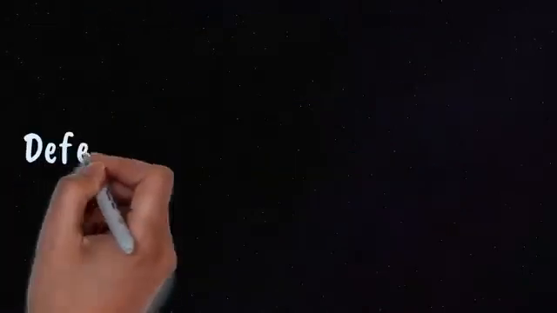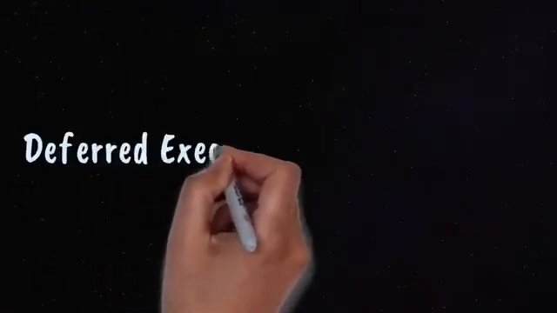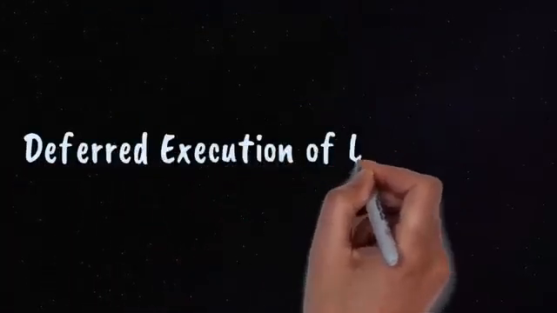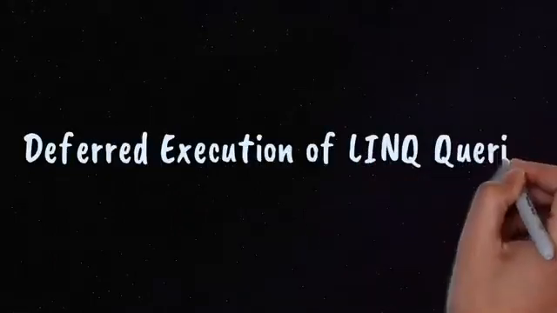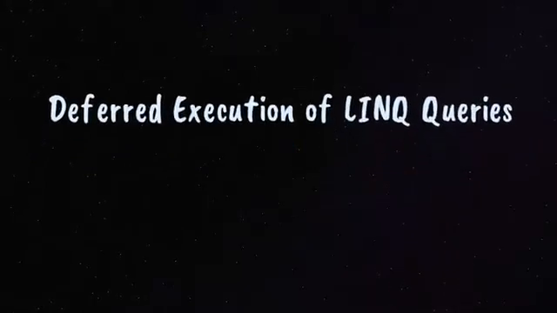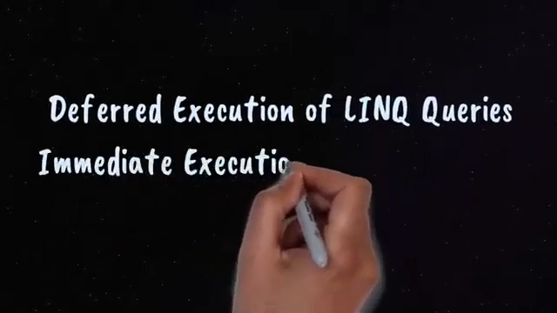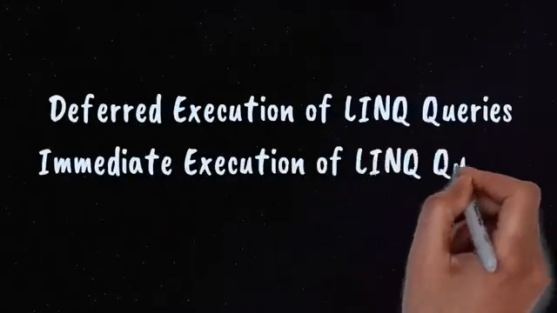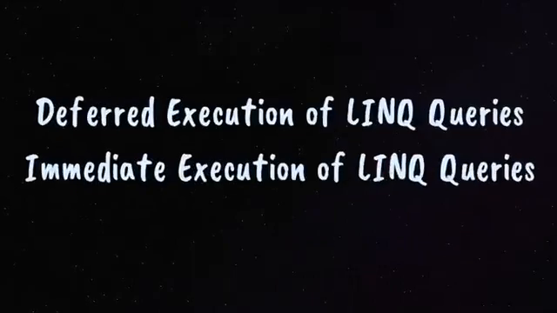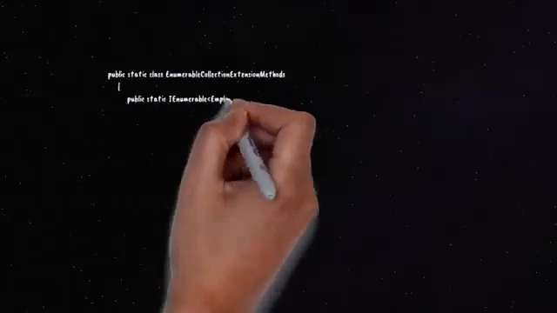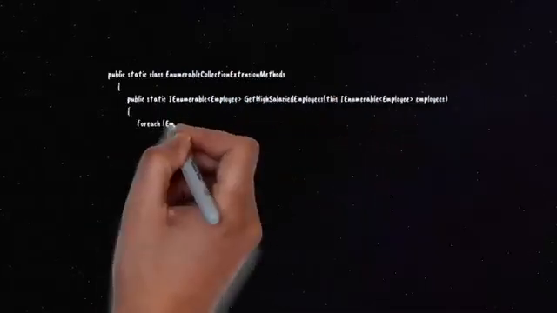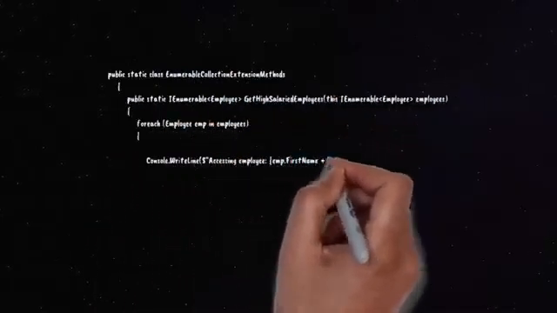We'll look at what is meant by deferred execution of LINQ queries and what is meant by immediate execution of LINQ queries. We'll discuss the inherent advantages of deferred execution in the context of LINQ. To further clarify our understanding of deferred execution, we'll create a code example where we'll implement deferred execution for our own custom extension method for an IEnumerable type.